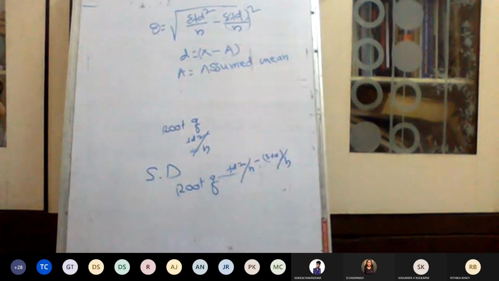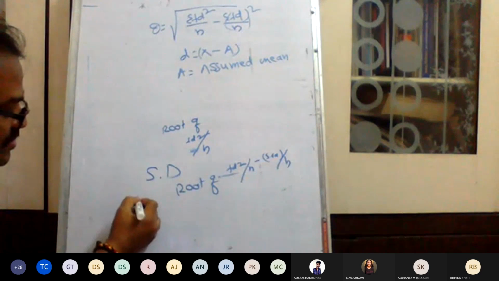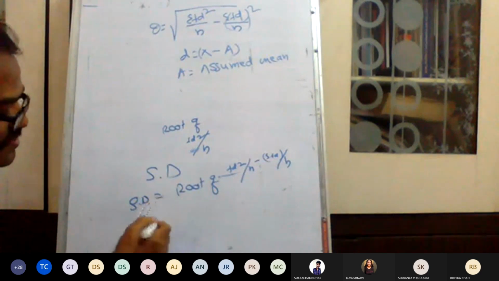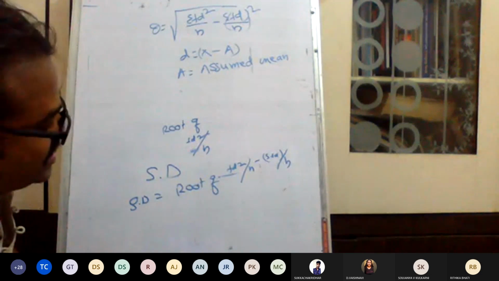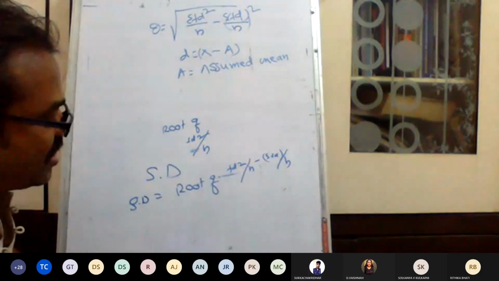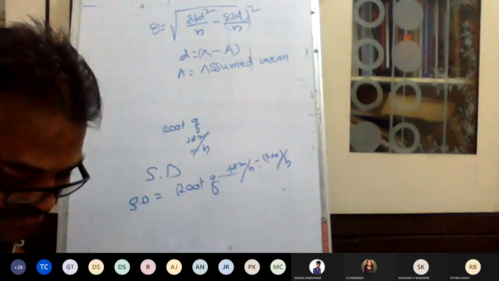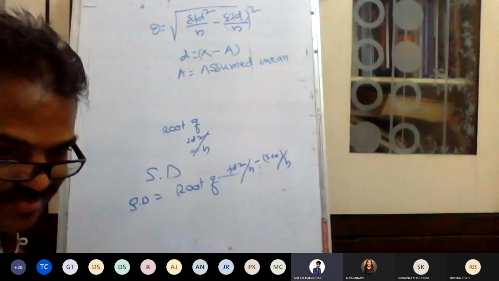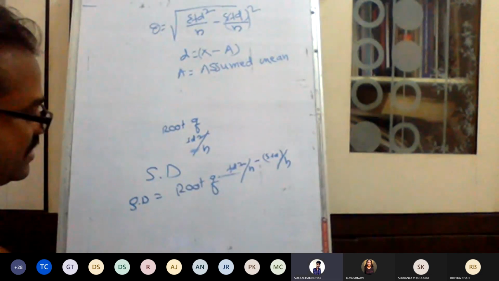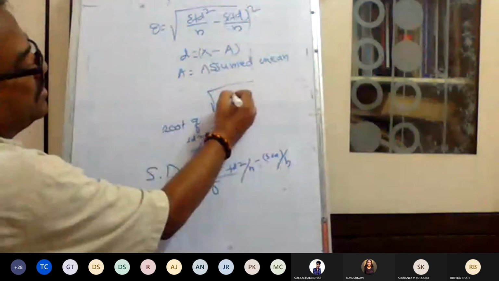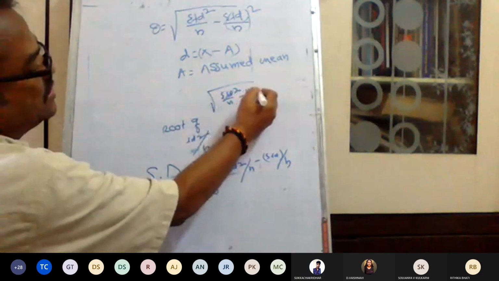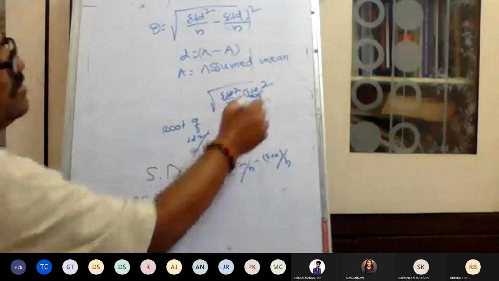This is the formula. If you write like this, it is not the formula of the standard deviation. Root of sigma fd square divided by n minus sigma fd whole square divided by n.